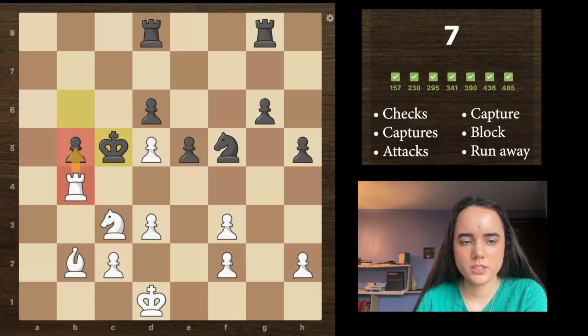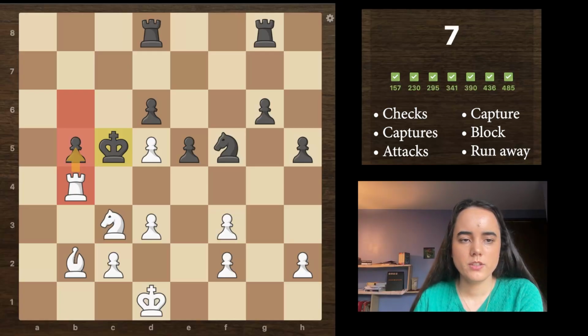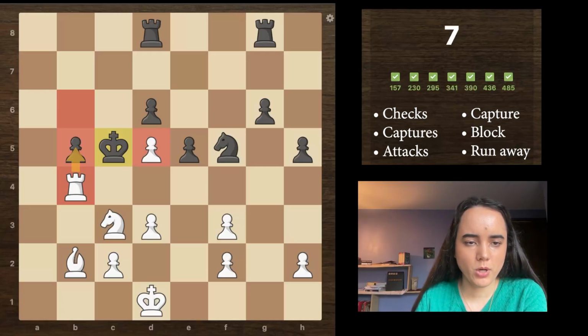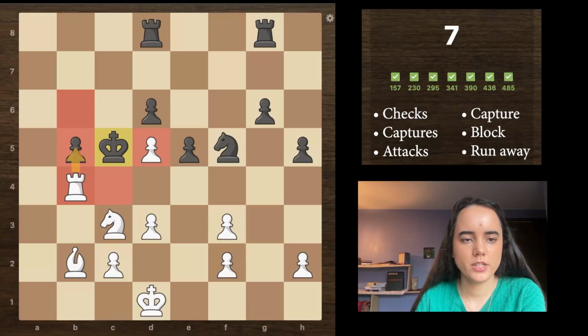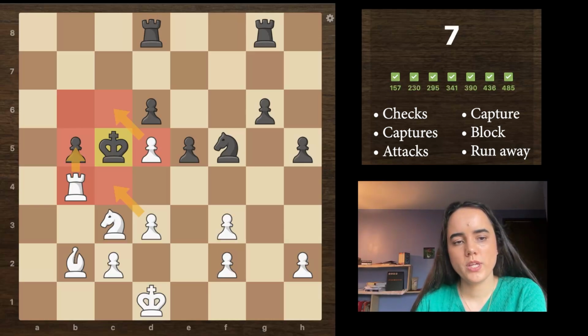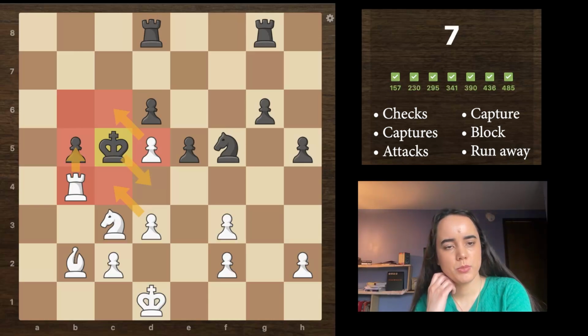He cannot go here because it's covered by the rook. Here is also covered by the rook. Here is covered by the knight. Here is covered by the pawn. Here is covered by this pawn. This one's covered by this pawn. So he could go here. That looked like the only option for him.